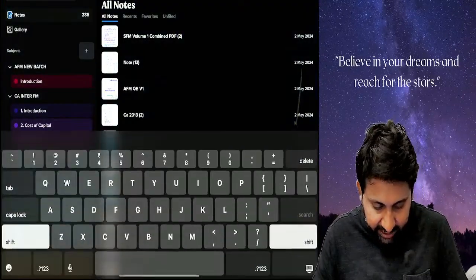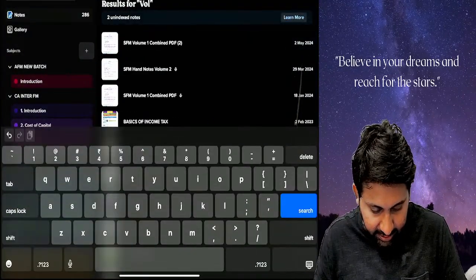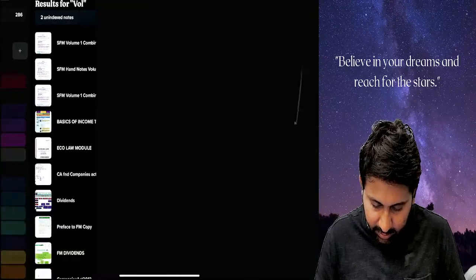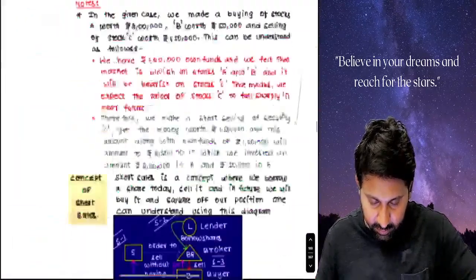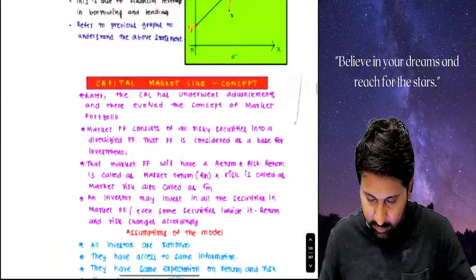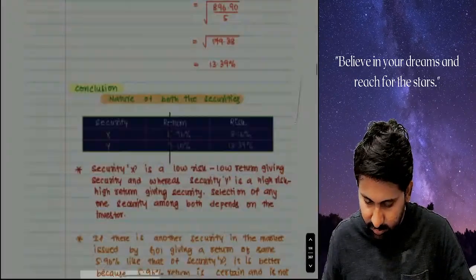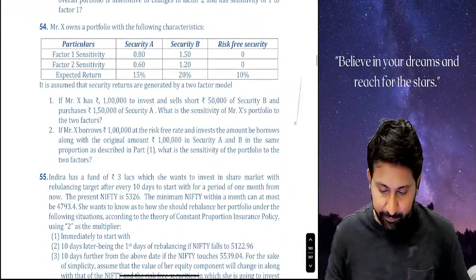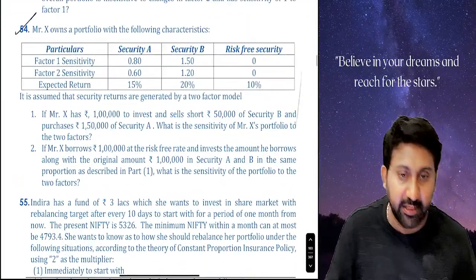If I tell you this question, you will get clarity. You can expect this question in the coming exam also.